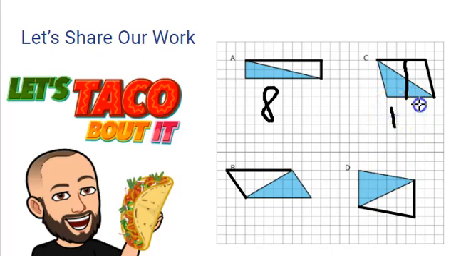Half of that would give us 10 square units. Here, same sort of thing. We got 1, 2, 3, 4, 5, 6, 7 for a width, and 1, 2, 3 for a height. 7 times 3 is 21. Half of 21 is 10 and a half.